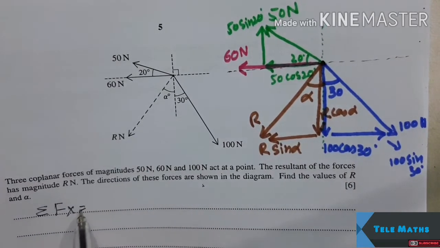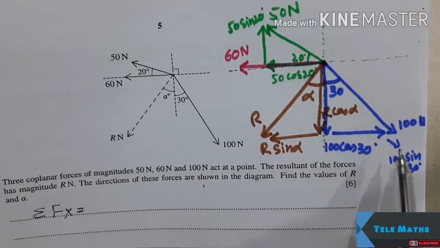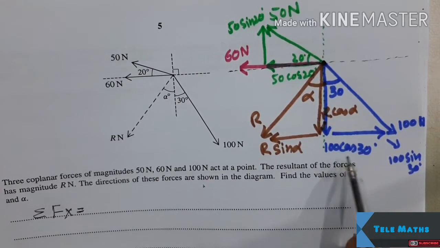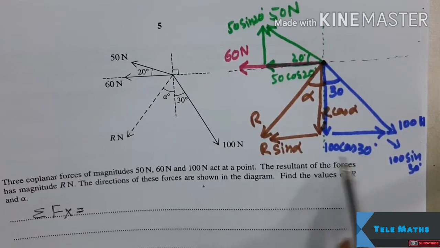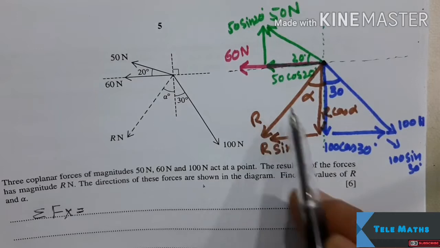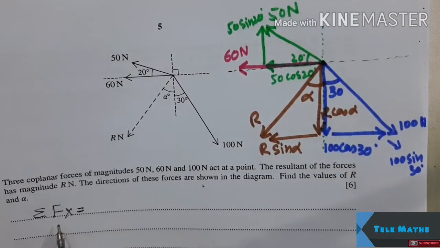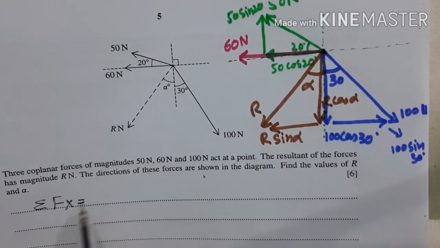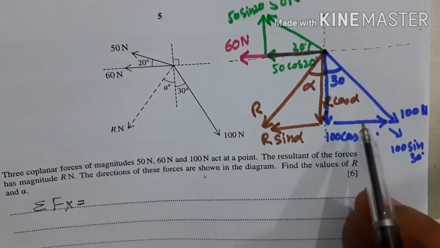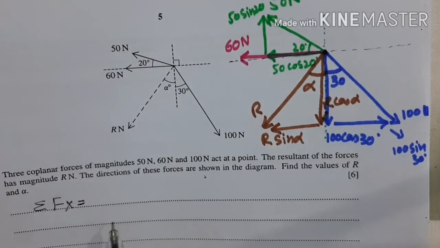This is what we always do. So what are the right side horizontal forces? For the moment we'll forget this R, we will not consider the resultant force R when we do the sum of horizontal forces. I'll explain later.